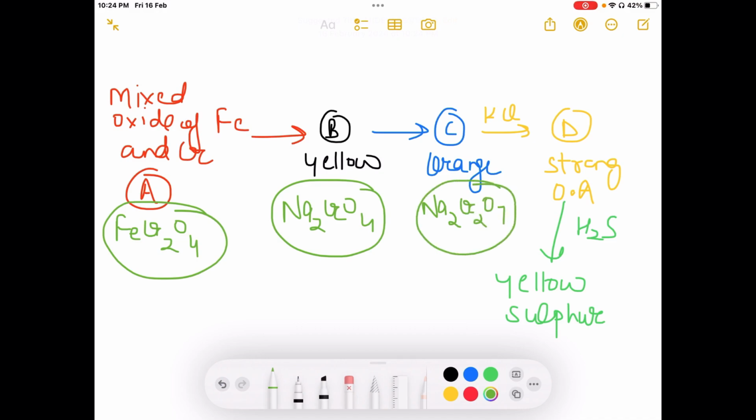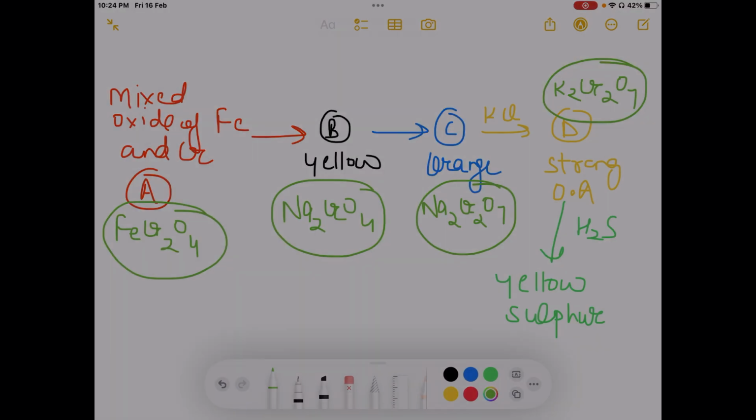And this sodium dichromate with KCl gives another orange compound which is a strong oxidizing agent. It is potassium dichromate. Hopefully you are able to understand how to do a word problem based on the preparation of potassium dichromate.